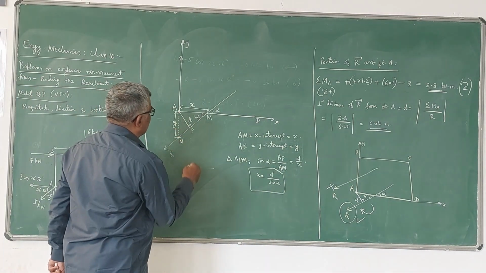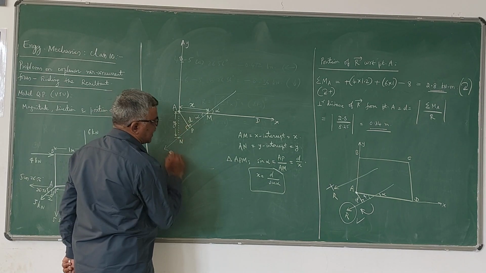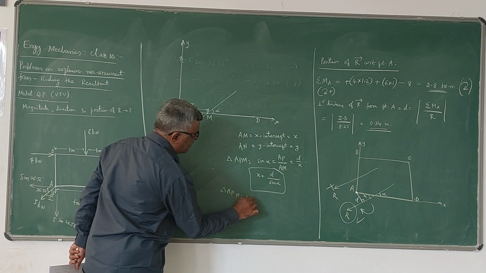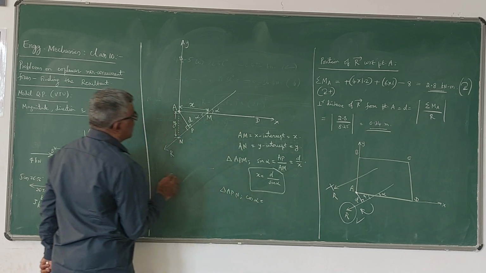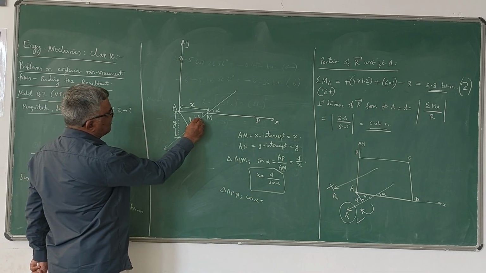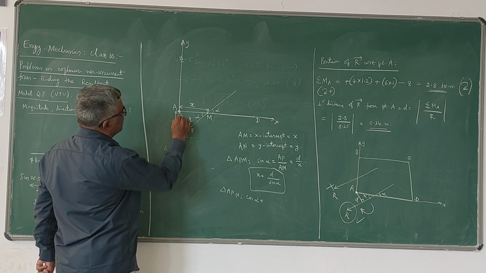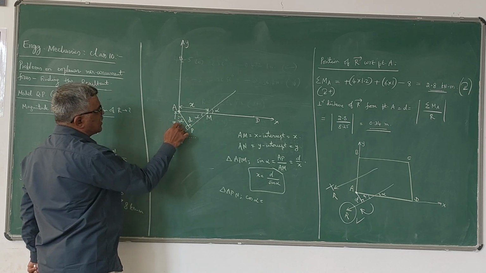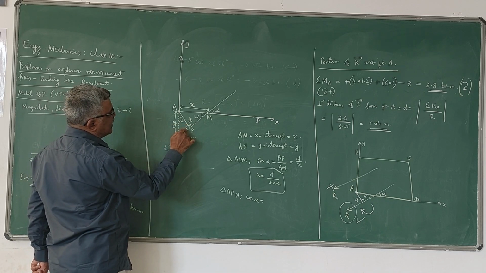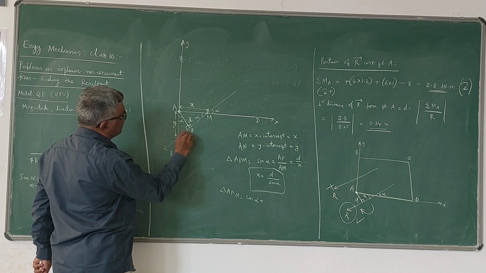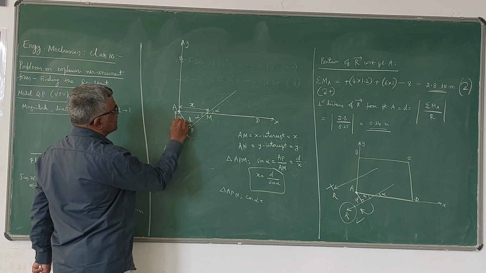Similarly, triangle APN is also a right angle triangle. In triangle APN, you take cos alpha. When this is alpha, and this is 90, from the geometry this becomes alpha as well. When this is alpha, this is 90 minus alpha, this is alpha.